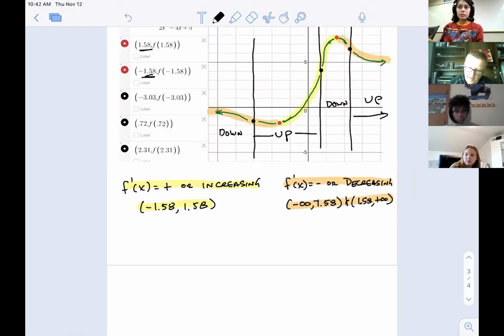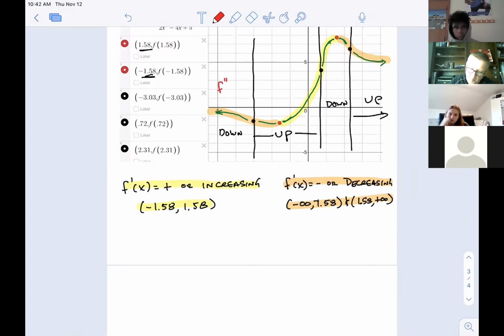So in this area, since it's concave down, f double prime of x is going to be a negative number everywhere in there. It's telling you that the rate of change is changing negatively. Again, I don't think this is obvious, and I'll show you this in a second in a cool way. Between there, it's positive.